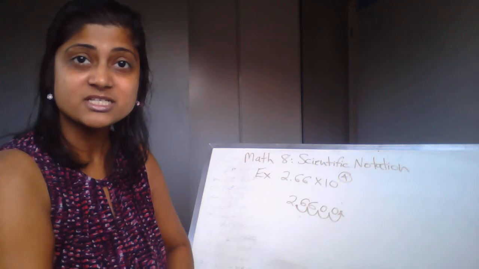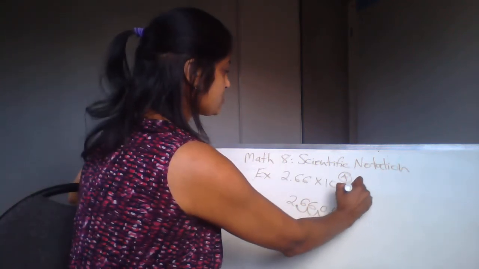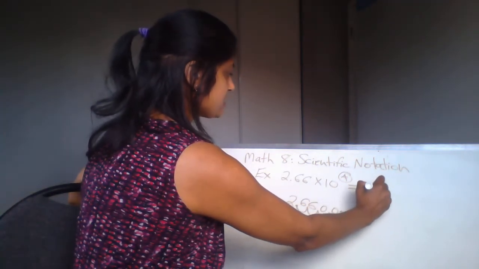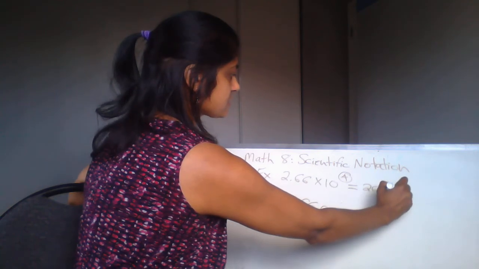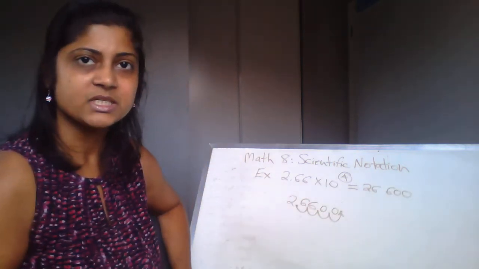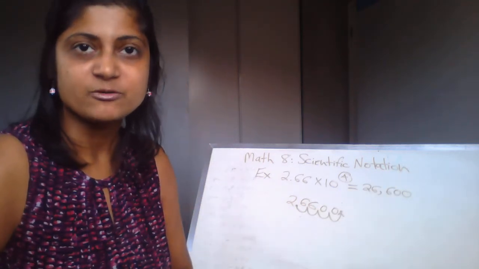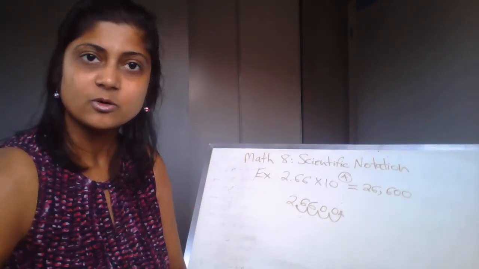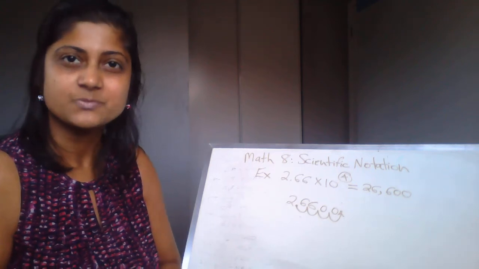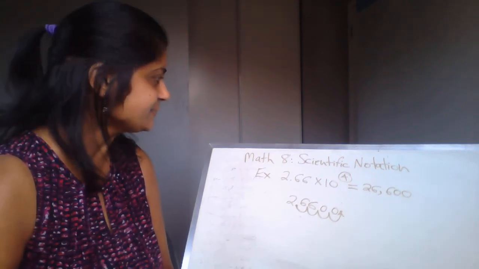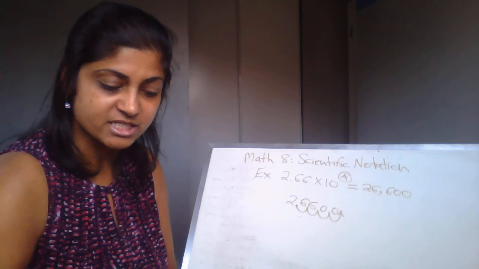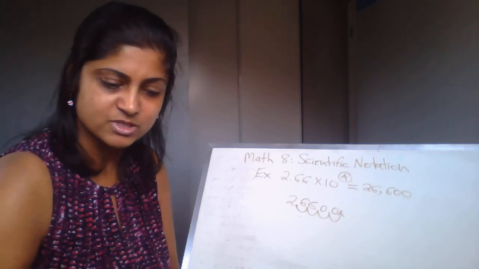When you're changing this to standard notation, the actual number is 26,600. If you want to put commas in between, put the commas between every 3 numbers, or most teachers will just leave a space in between. That's how you change it back into standard notation.